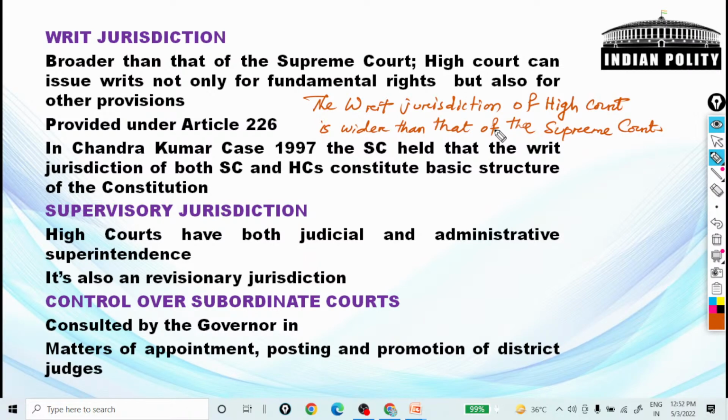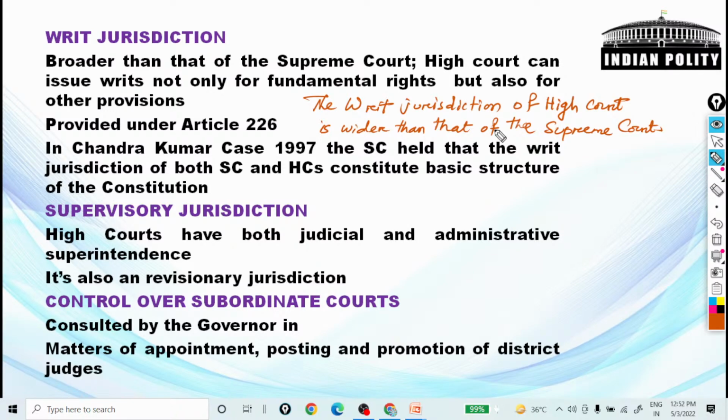However, 32 is a fundamental right, but 226 is not a fundamental right. So the right to move to the Supreme Court for enforcement of fundamental rights is a fundamental right itself, whereas under 226, it is not. So the High Court may deny to entertain, but the Supreme Court cannot deny to entertain.